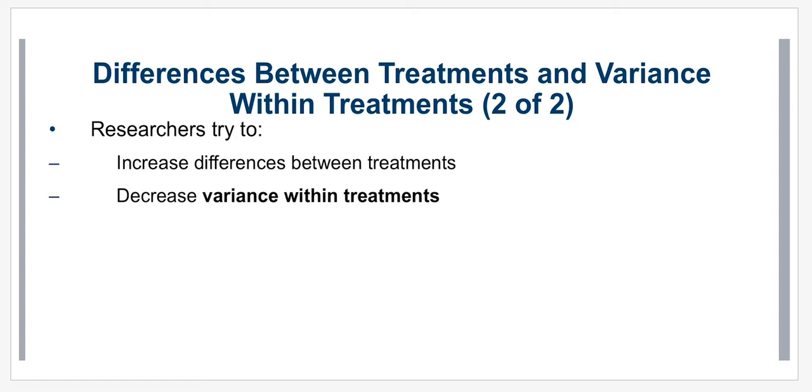Well, two different shades of green is probably not going to show you an effect because they're so similar. So to maximize the differences between the treatments, you would want a muddy brown color and a bright yellow color, or something that has a larger contrast, right?